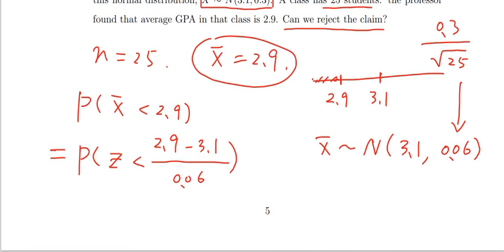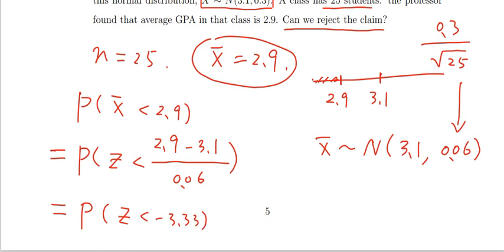So let's calculate this. Dividing, we get negative 3.33.